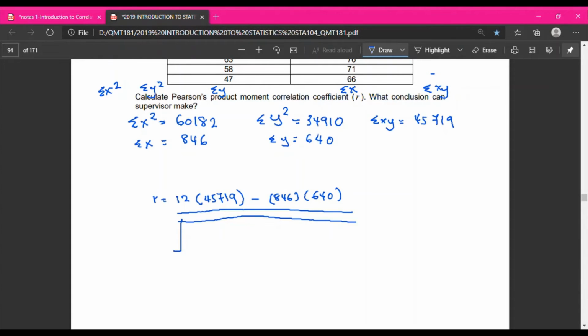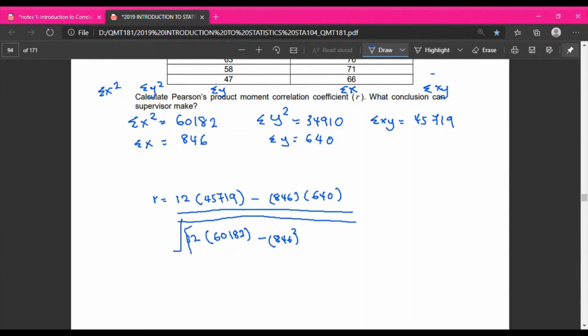And 12 multiply with summation of x square, 60182, minus summation x, 846 square.